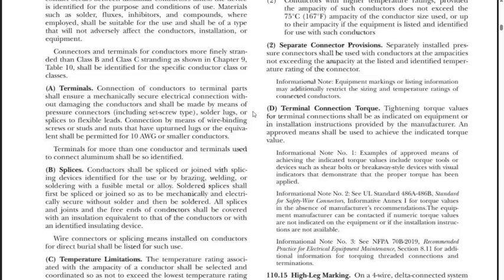Or splices, which is normally the way we're putting two wires together, is we're splicing them together to flexible leads. Connections by means of wire binding, screws or studs, and nuts, which is usually what we're using, wire nuts, that have upturned lugs or the equivalent shall be permitted for 10 or smaller. We can ignore that last part.